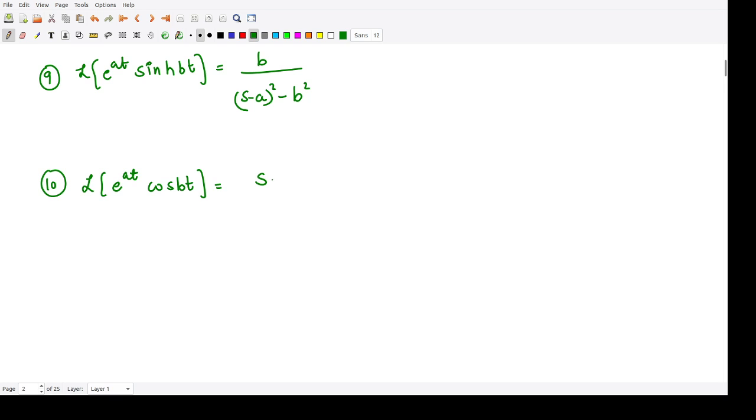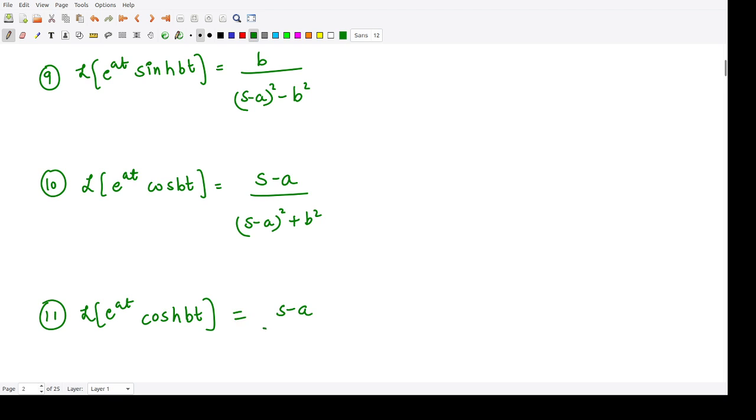equal to s minus a divided by s minus a whole square plus b square, and then the Laplace transform of e to the power at cos hyperbolic bt, that is equal to s minus a divided by s minus a whole square minus b square.